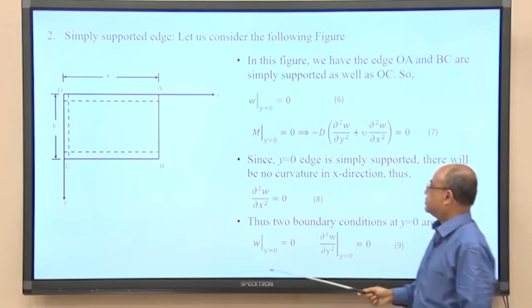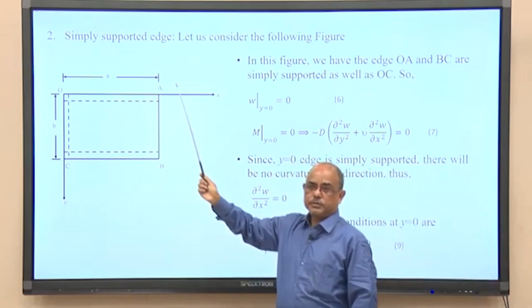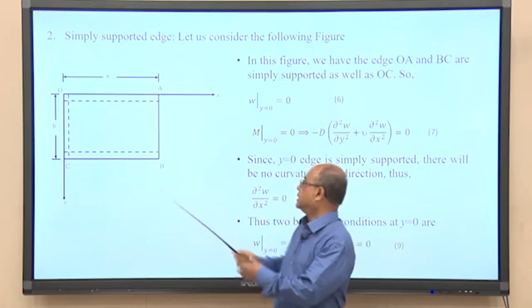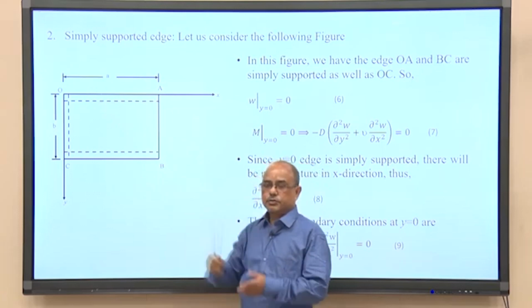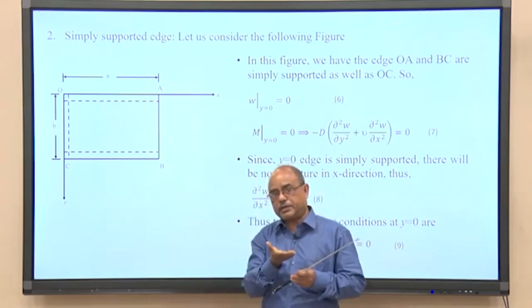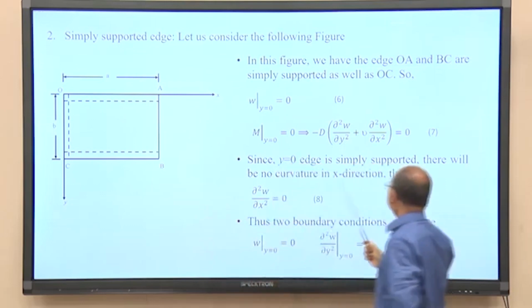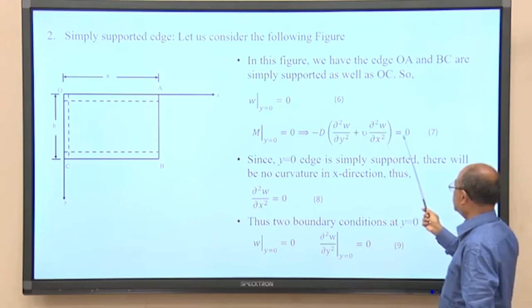Now, you can see this edge OA is simply supported. So, there cannot be any curvature along the x direction, it is simply supported along the x axis. So, there cannot be any curvature or slope along the x axis, along the edge. So, naturally, we take del square w by del x square equal to 0.